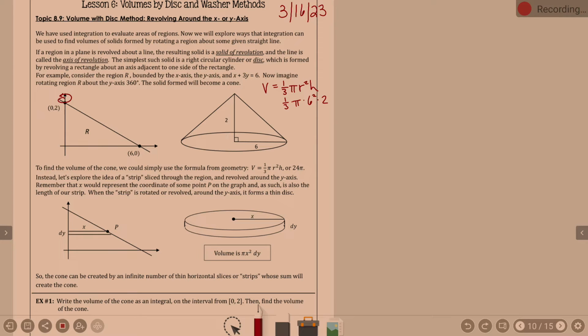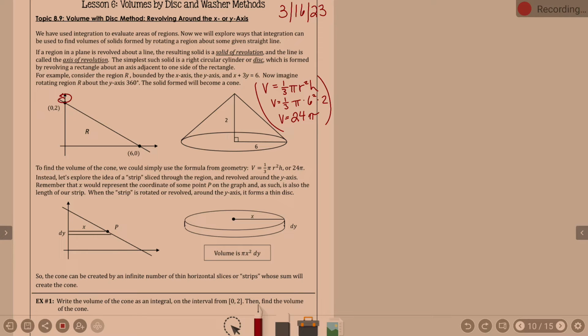My brain says 6 squared is 36. 36 divided by 3 is 12. Times the 2, we get a volume of 24 pi. Agreed? Hold that thought for later, because we're going to do this same problem later, but by using integration. Okay, so I just kind of want you guys to be there.